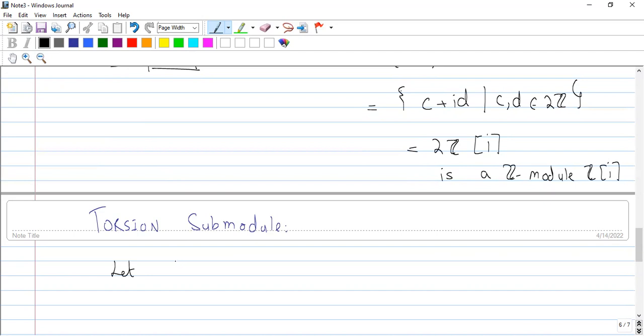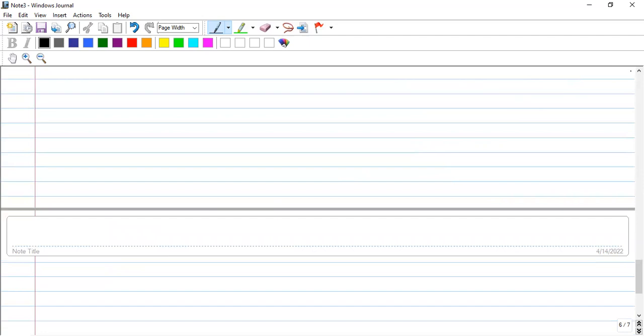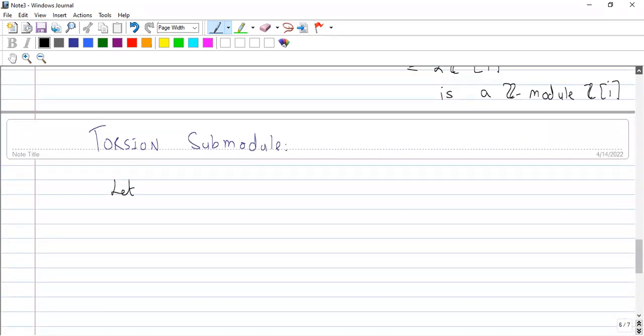In the case of a ring, we have a concept of zero divisors. How can we define a zero divisor? If the product of two non-zero elements is equal to 0, then we say that a and b are zero divisors. 0 could also be considered a zero divisor, but we are more interested in non-zero zero divisors. In the same way, before defining the torsion submodule, I need to define the concept of a torsion element.